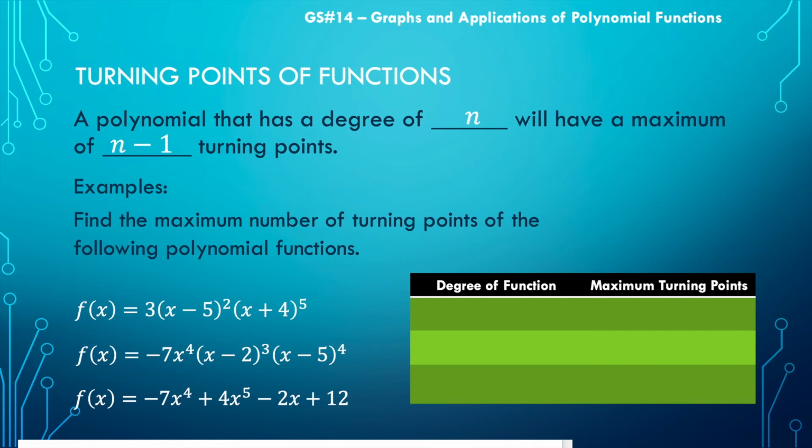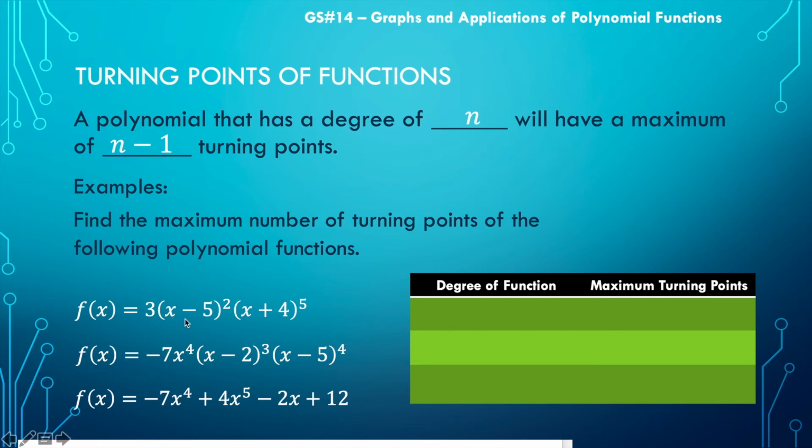Remember, I can write this as 3 times x minus 5 times x minus 5 times x plus 4 times x plus 4 times x plus 4 times x plus 4 times x plus 4. We don't want to write it that way because it's really long and cumbersome. If I were to multiply that all out, I can think about how many times I would multiply x together at maximum.